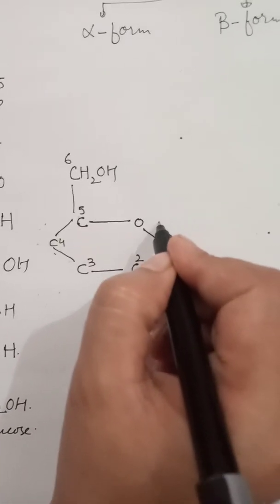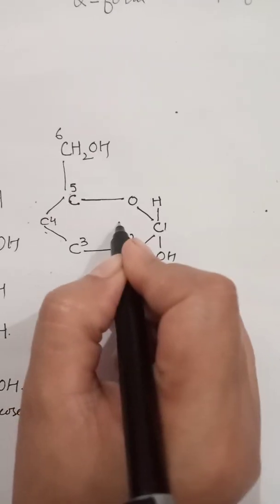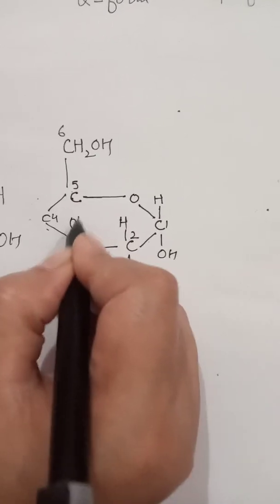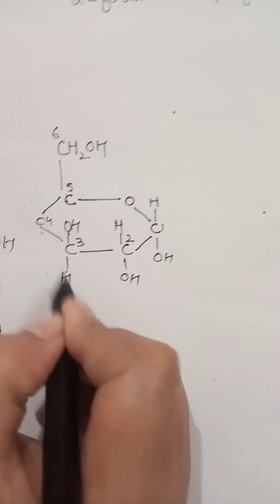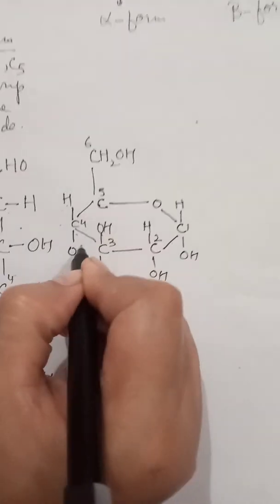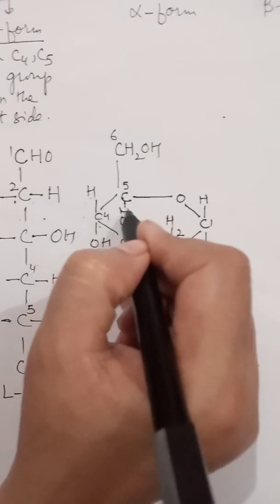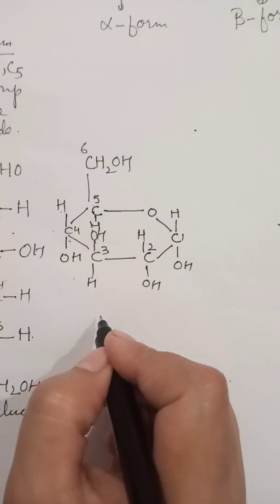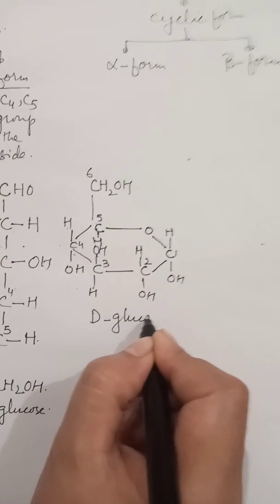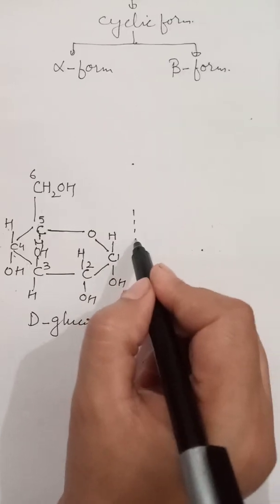Here I will write hydrogen, then hydroxyl group, again hydrogen, hydroxyl group, then hydroxyl group and hydrogen, and then hydrogen and hydroxyl group. As the top hydroxyl group is already there, I will write hydrogen over here. So this is D-glucose in cyclic form.